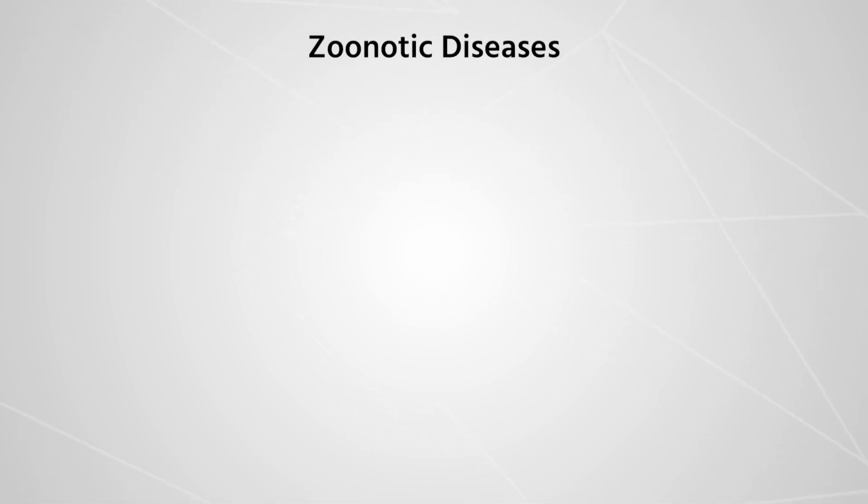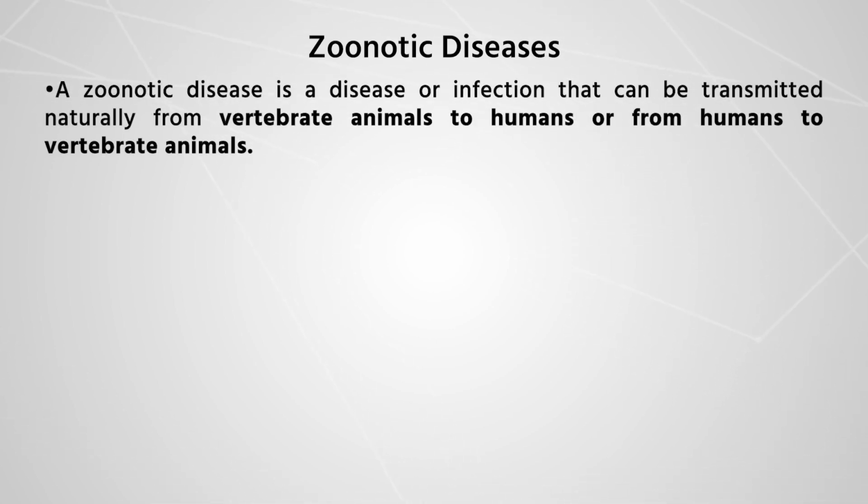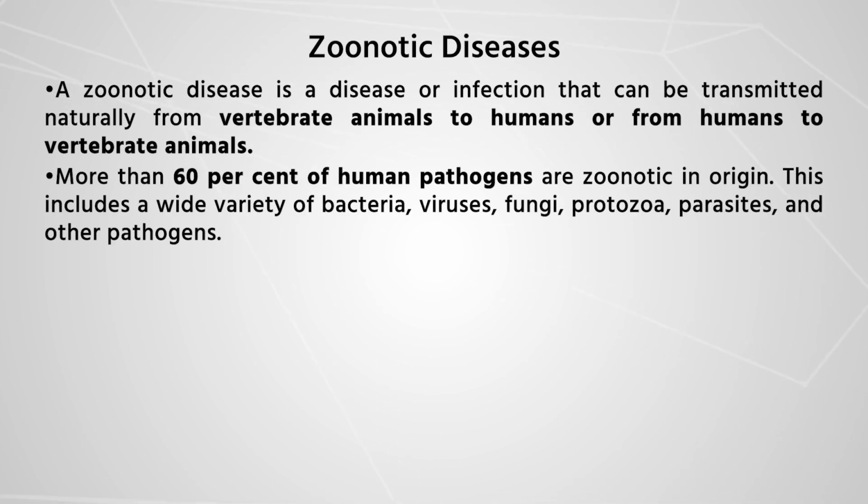Dear learners, the next category is about zoonotic diseases. A zoonotic disease is a disease or an infection that can be transmitted naturally from vertebrate animals to humans or from humans to vertebrate animals. Now, more than 60% of the human pathogens are zoonotic in origin.